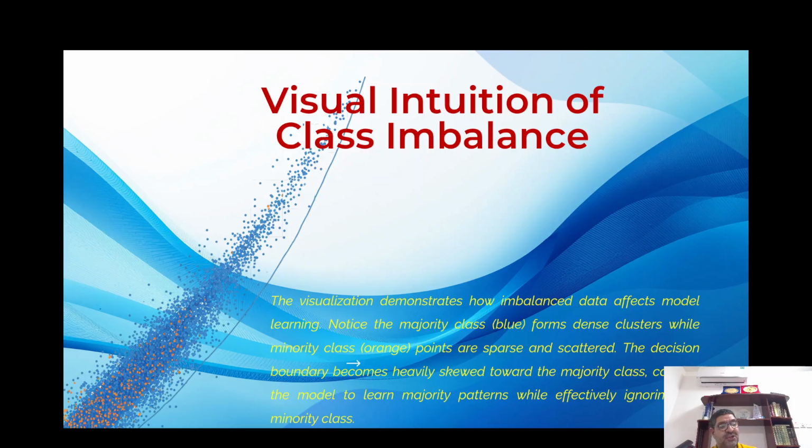The decision boundary becomes heavily skewed towards the majority class, causing the model to learn majority patterns.